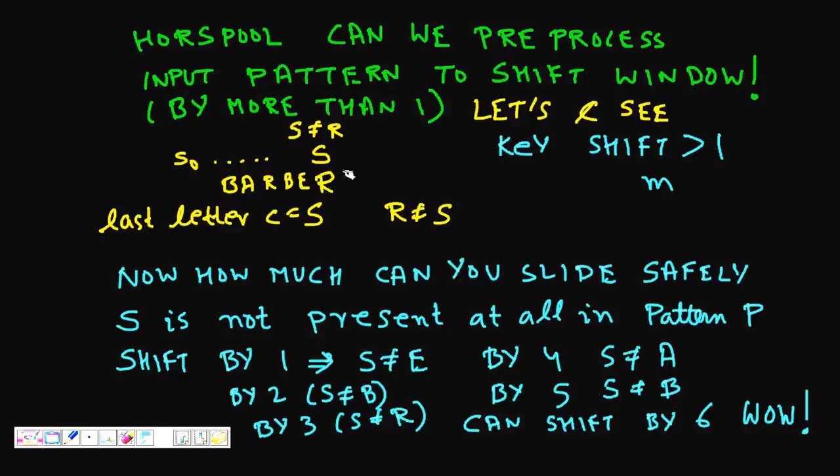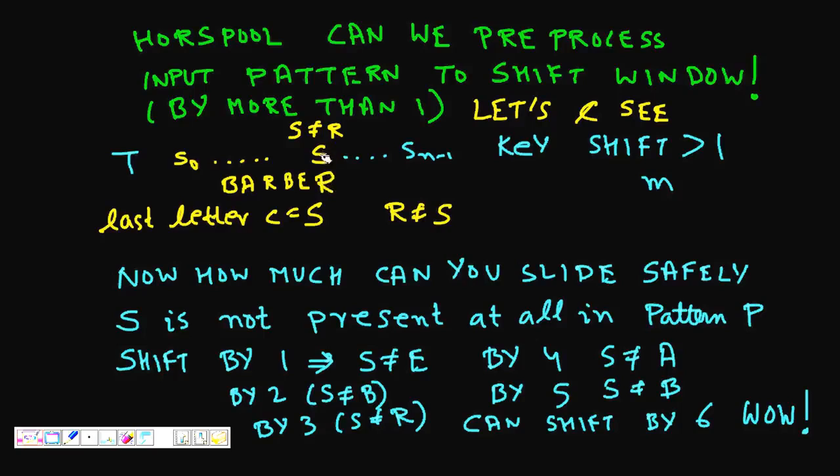So if we have a pattern which is barber, which will cut your hair, and let's say we have some string which goes on till Sn minus 1. This is the text string, and let's say our window is somewhere in which the last character of the text is S and we have R there.